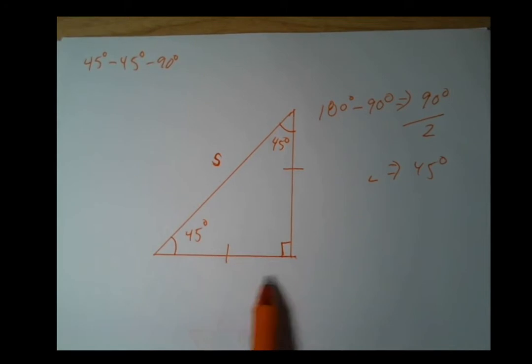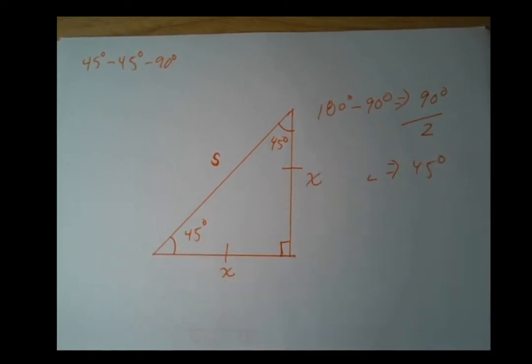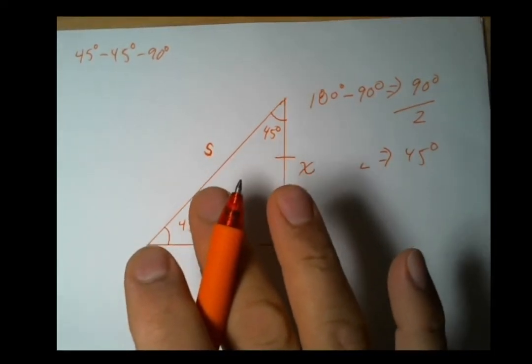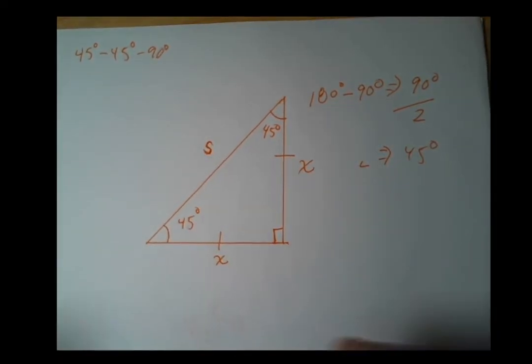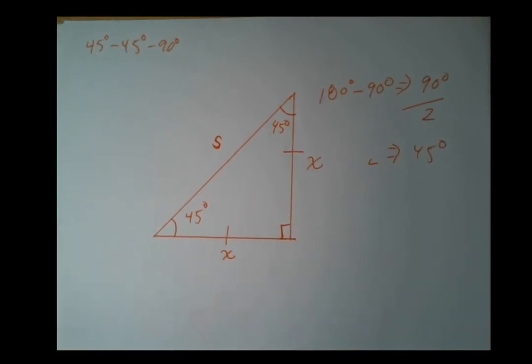All right, now what about the legs here? They're of equal length, so I'll just label them as x. They're unknown. Our hypotenuse is s, a fixed value. So now let me write the legs in terms of s. The way I do that is to relate all of these again using the Pythagorean theorem.